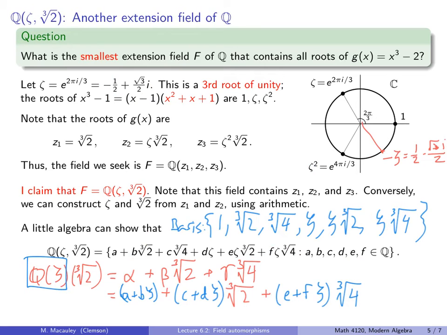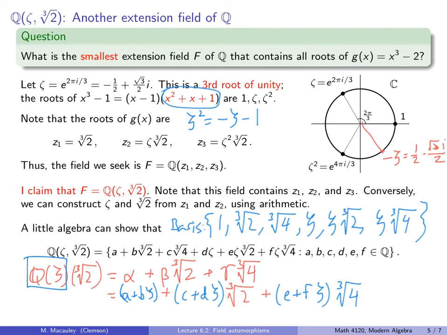And also, because zeta and zeta squared are roots of this degree 2 polynomial, and I've set this equal to 0, you can see right away that zeta squared is equal to negative zeta minus 1, as I claimed. And so this is actually a degree 2 extension.